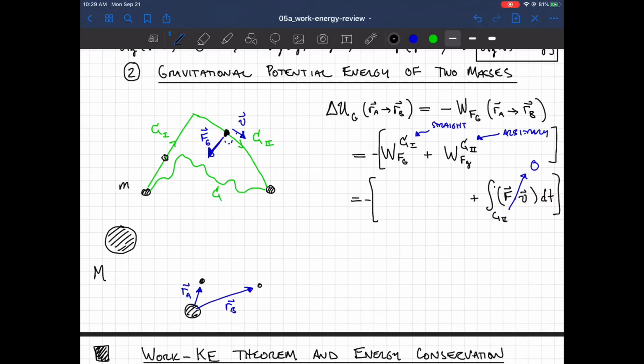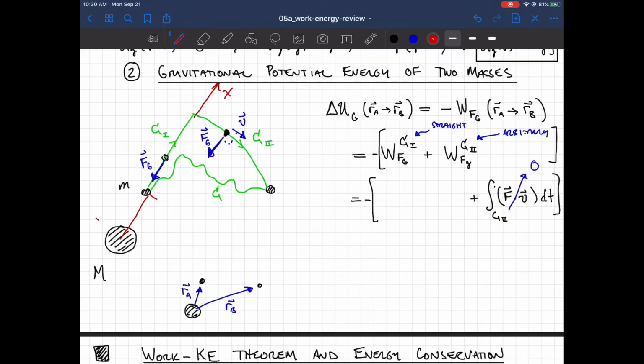So here's my force at some position here, force of gravity, F big G. And so I can choose that straight line to be an x-axis. So I'm going to do that. So here's my x-axis.